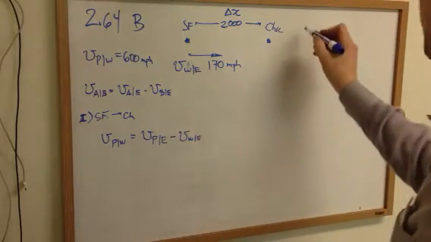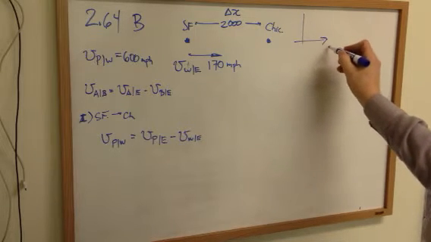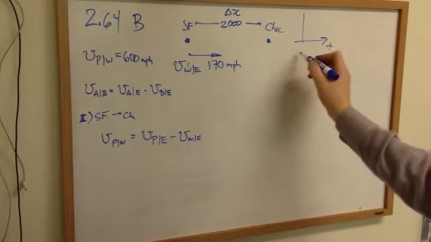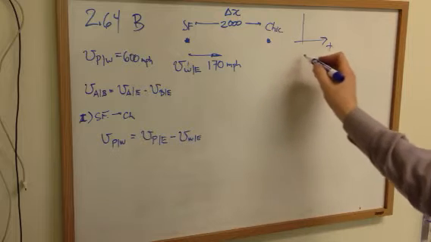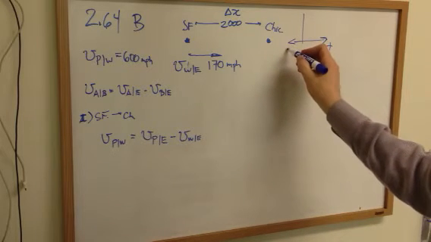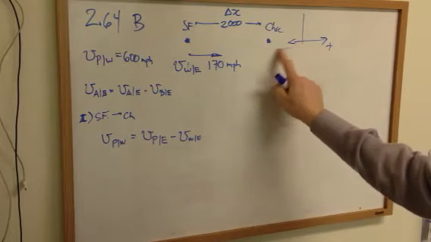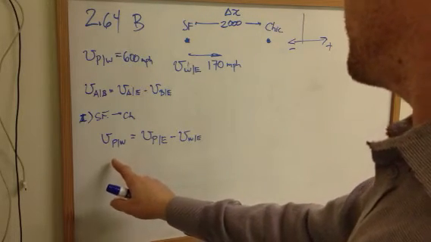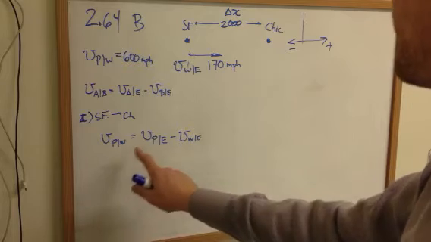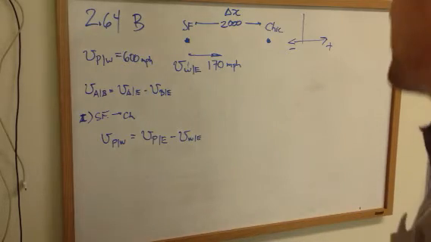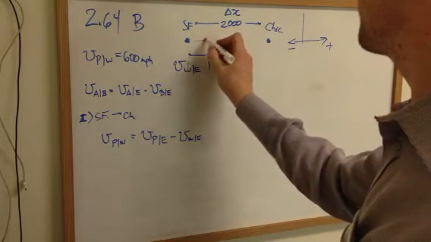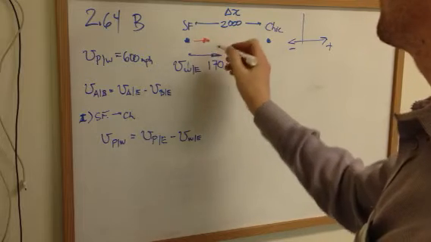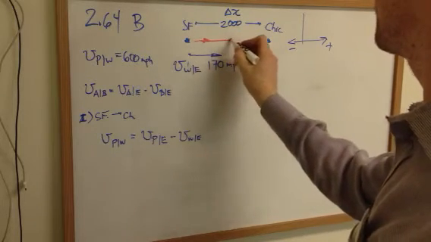So if we lay down an axis and call this positive in the x, and this negative in the x, then we could say that the velocity of the plane relative to the wind, and let's say the plane is going to be flying from San Francisco to Chicago.